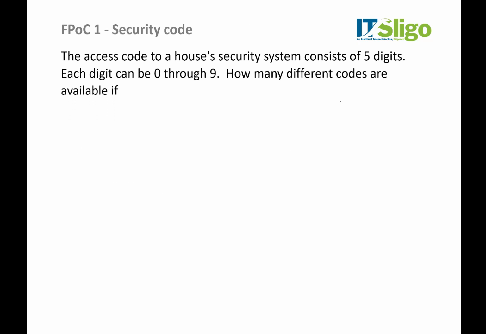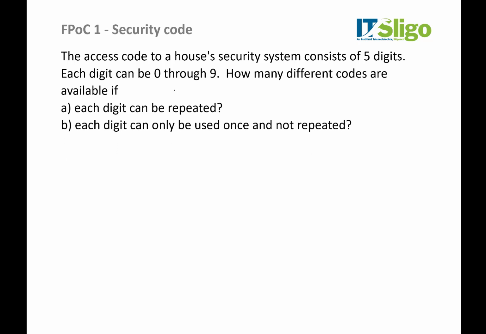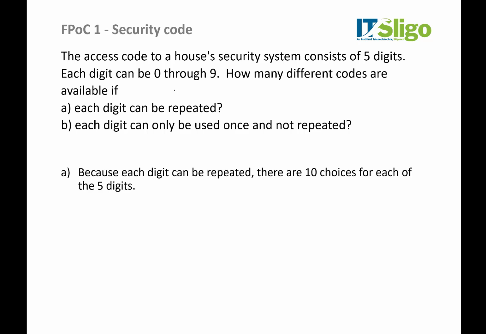Looking at another example. Access code to a security system has 5 digits. Each digit can be 0 through to 9, so there's 10 options. How many codes are possible if each digit can be repeated and if each digit can only be used once? If each digit can be repeated, well, we have a choice of 10 each time.